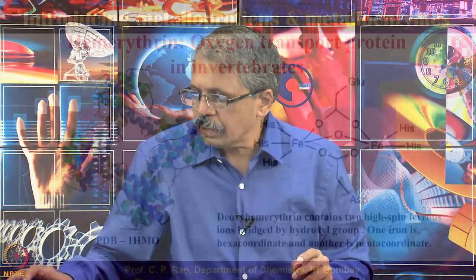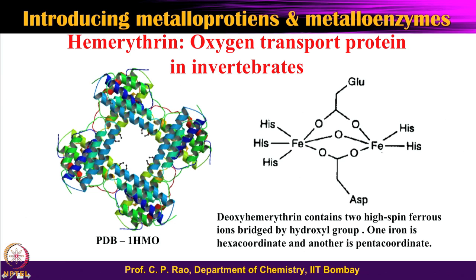Let us look at this and you see that this is the total protein, and protein is stretching 1, 2, then 3 and then 4. It is a kind of a tetramer you have. So, it is a tetrameric kind of a protein, and in each unit you have this di-iron center. Okay. So, in the hemerythrin you have a di-iron center.